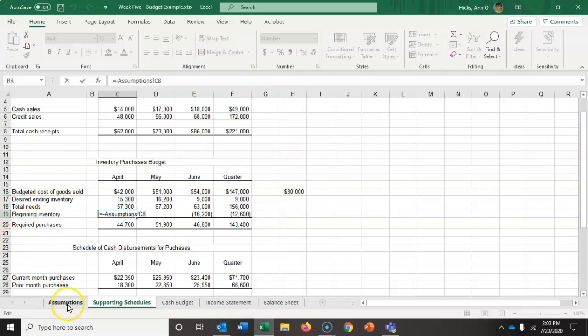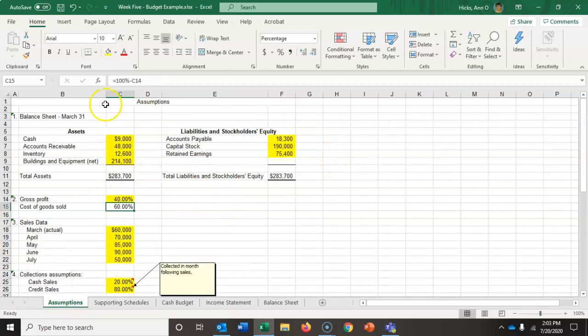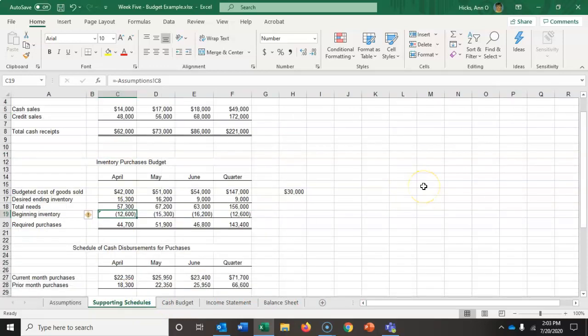Because if we go back to our balance sheet, we have at the end of March, beginning of April, $12,600 sitting in our inventory. So we can subtract that from our total needs and say, okay, we need to purchase during the month of April $44,700 worth of inventory.